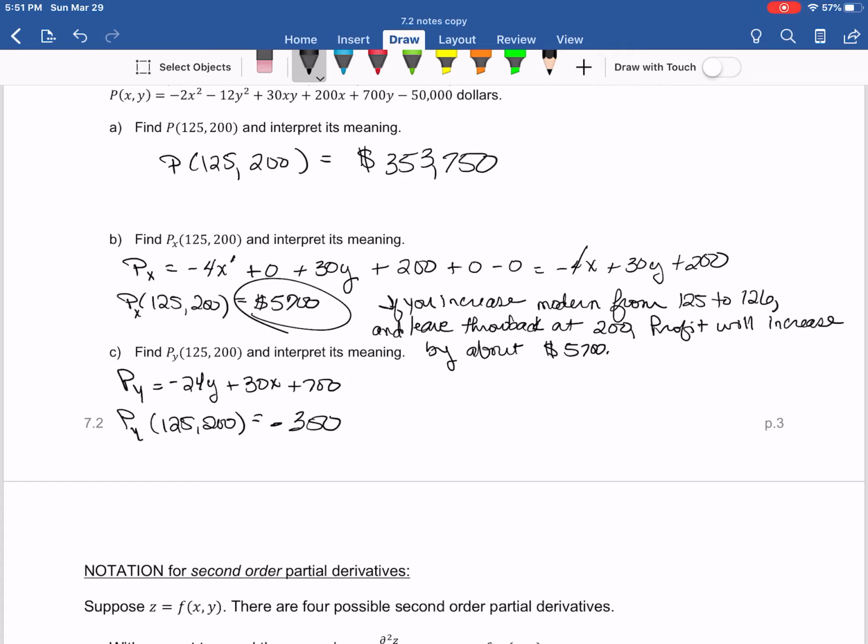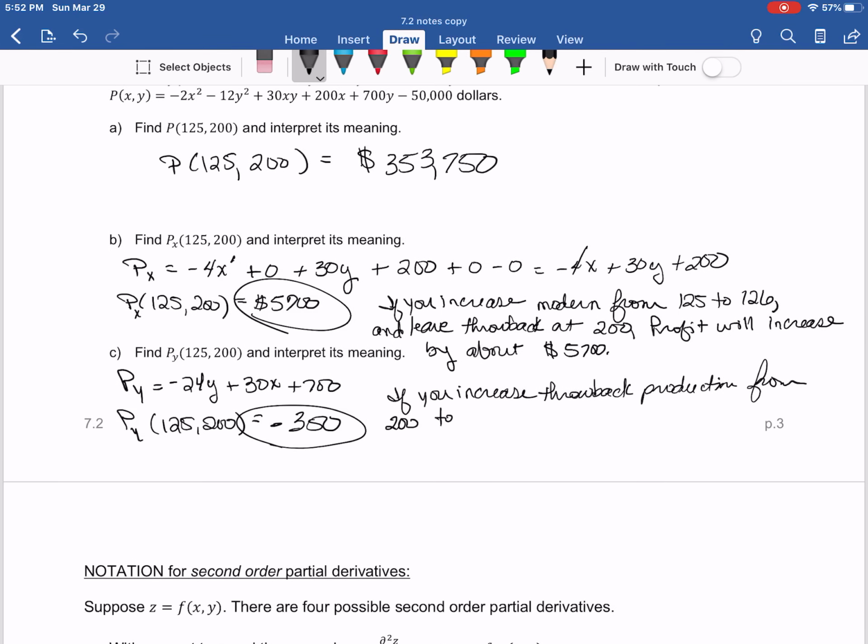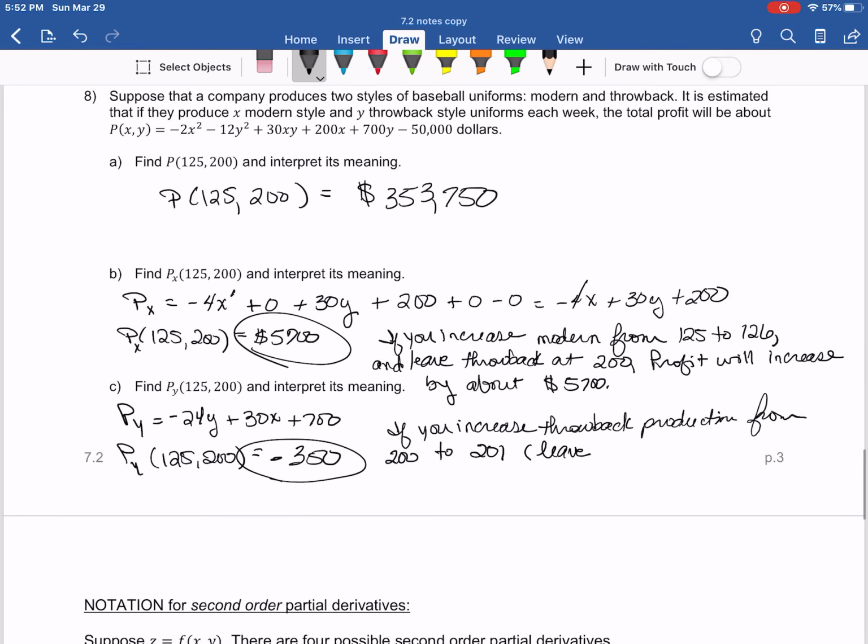All right, so interpret the meaning of that result. This time we increase the throwback production from 200 to 201. And we leave modern alone.